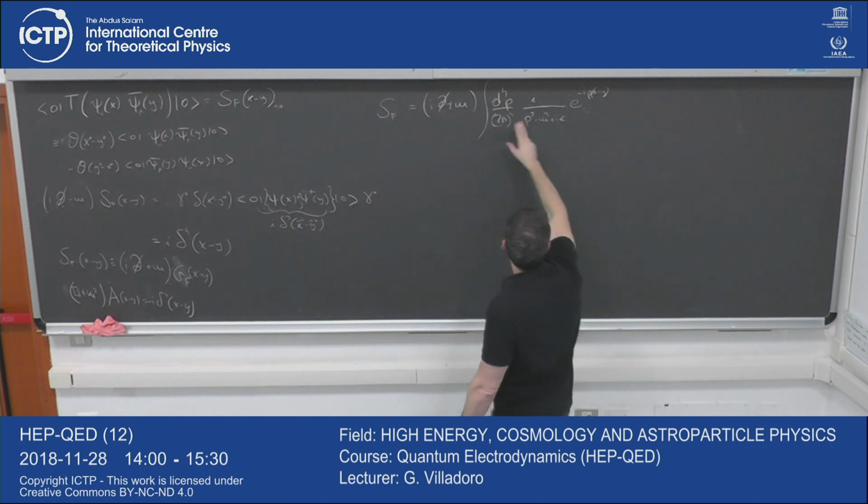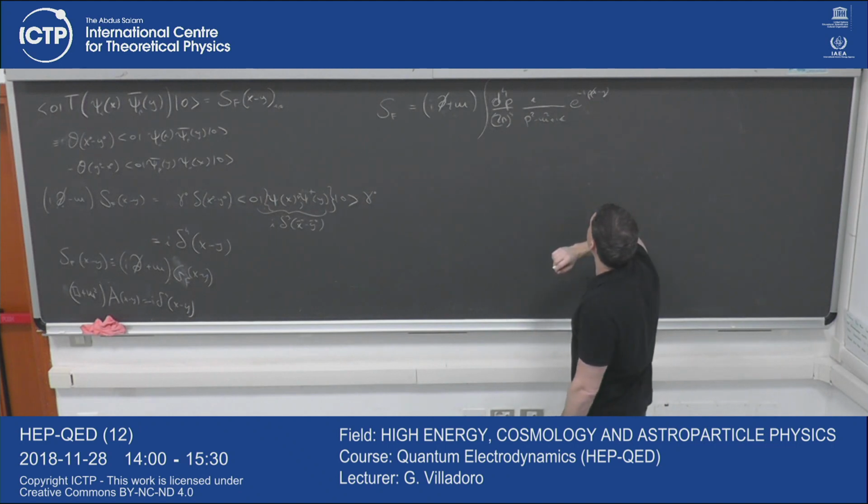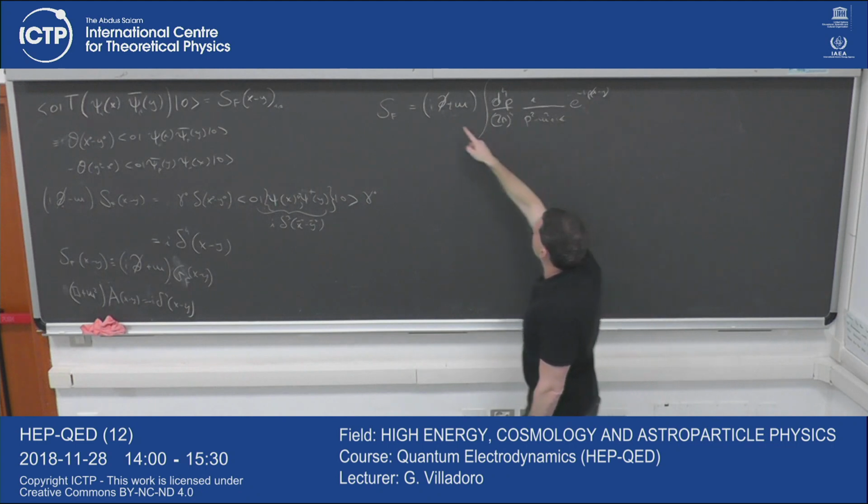So the derivative only acts on x, which appears here. It brings down a minus i p times i. It gives you a p mu gamma mu.